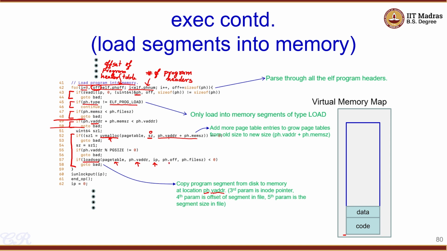The fourth parameter is ph.off, that is the program header offset for this particular entry, and the size in the file. So for this many bytes, the segment is copied from the ELF file into the virtual address space starting from this particular location. Okay, so by the end of this for loop, we have been able to set up the virtual address space where all the program code and data are essentially loaded.